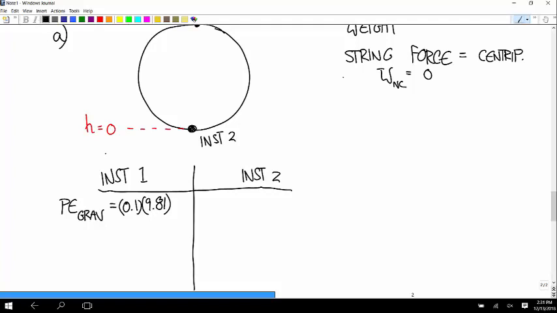So what's the height at the top at instant 1? That's right, 0.8, 2 times that radius.